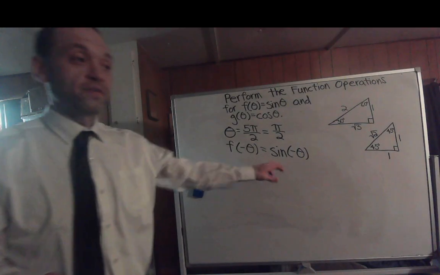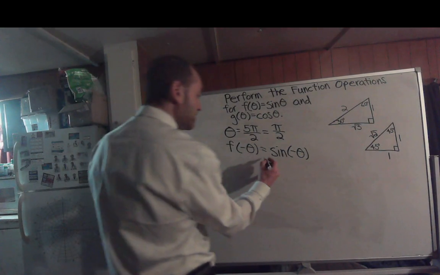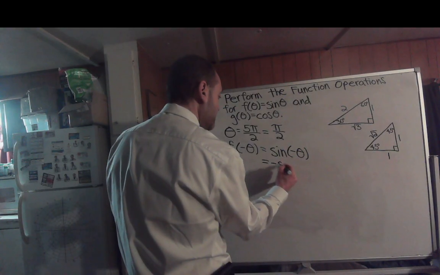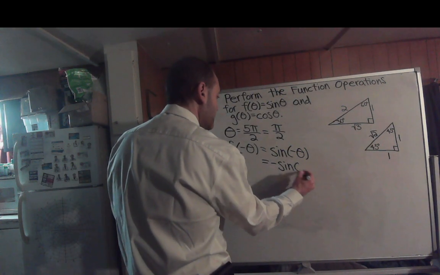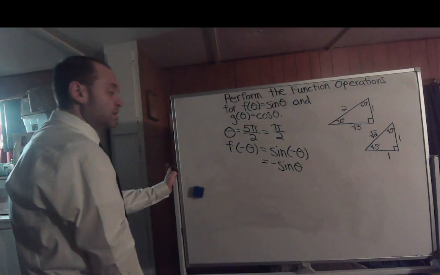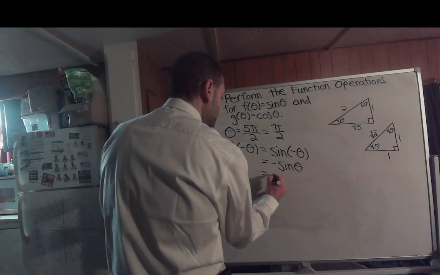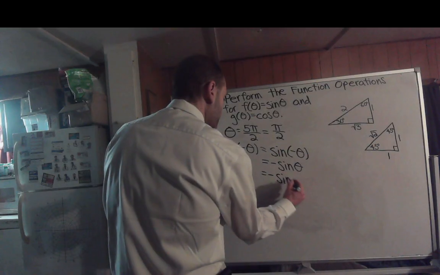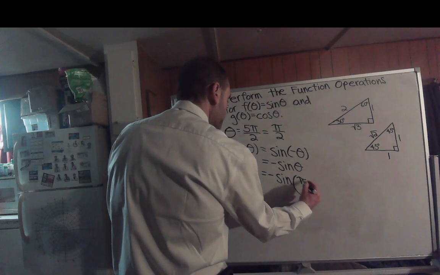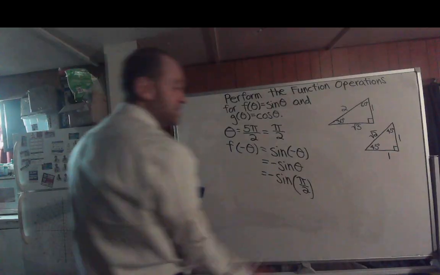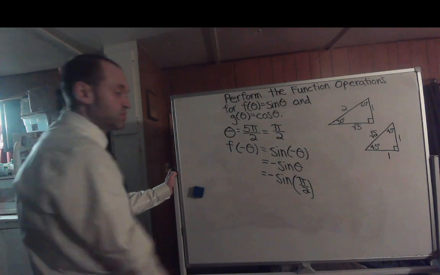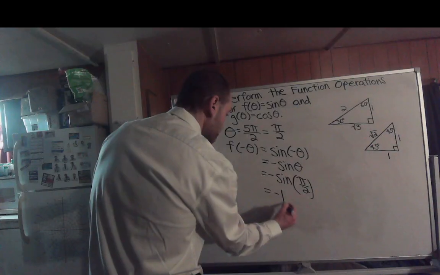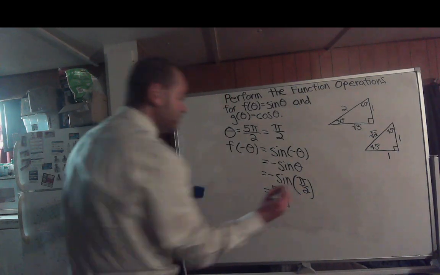It's an odd function, so the sine of negative theta would just turn into the negative of the sine of positive theta. Well, that's the negative of the sine of pi over 2. What is the sine of pi over 2? That's just 1, so literally your answer is going to be -1.